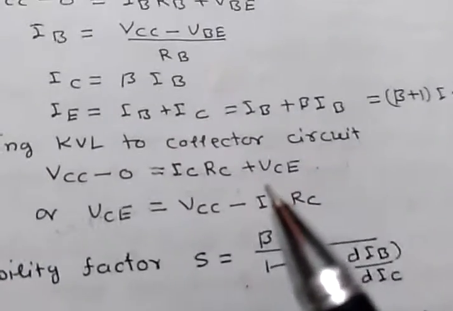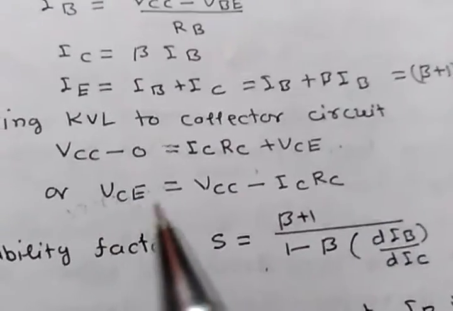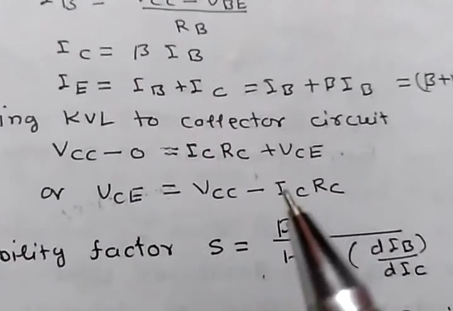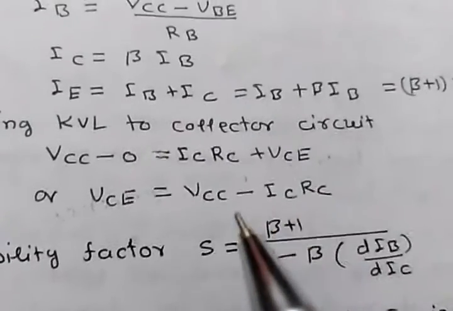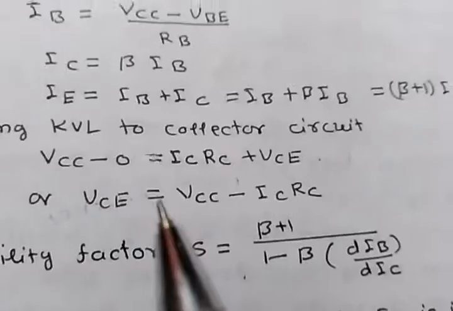VCE is the voltage between collector and emitter. So we can write VCE equals VCC minus IC RC. In this way, we can calculate all the currents and the collector to emitter voltage.